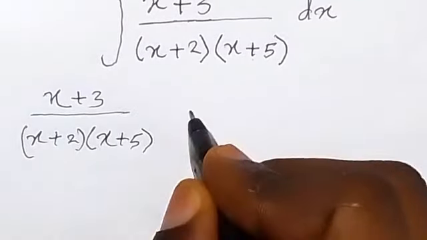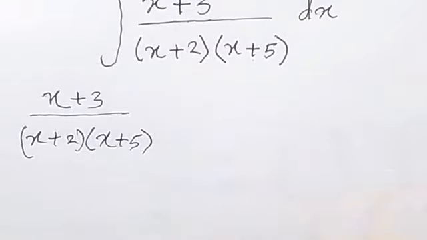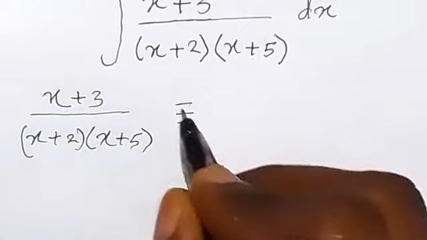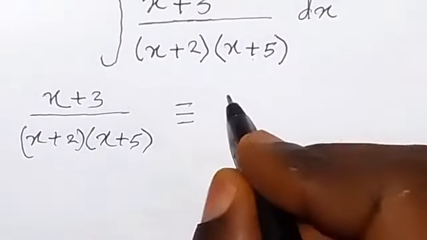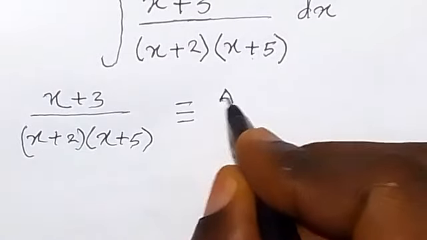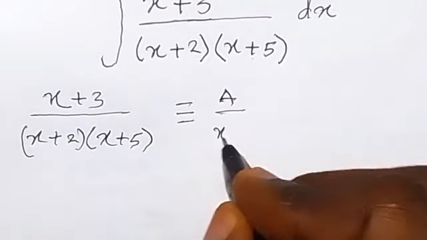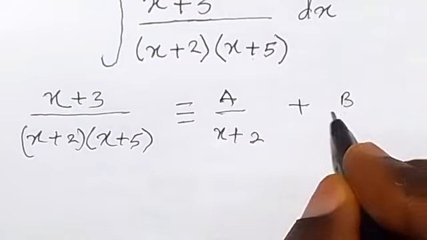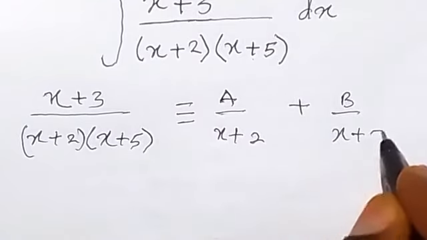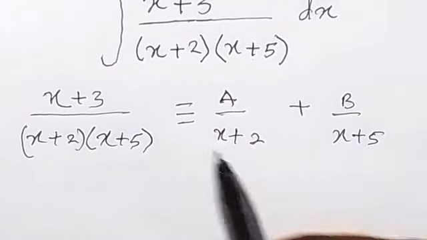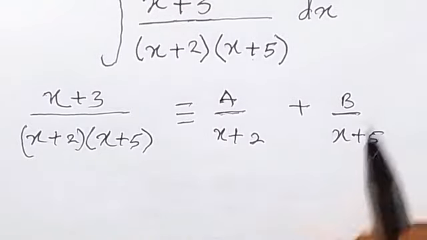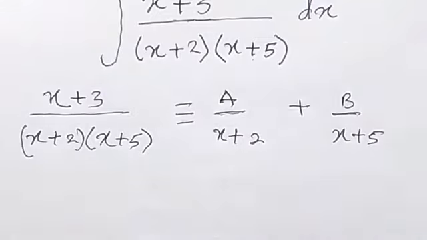Here we resolve this integrand into partial fractions first, and this is equivalent to a over (x + 2) plus b over (x + 5). Since we have linear factors, the numerator will be a constant, a degree lesser, and the numerator here is also a constant.